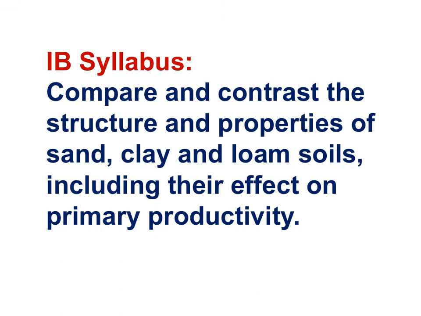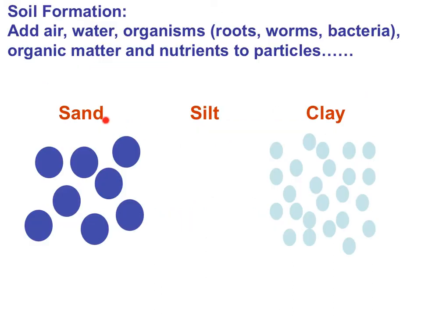So let's take a closer look at sand, silt, and clay as they contribute to soils, and then we'll define loam as the soil type best suited to support primary productivity. Here's the IB syllabus statement. Compare and contrast the structure and properties of sand, clay, and loam soils, including their effect on primary productivity. Remember, sand's particles are larger than those of clay, and the spaces between the particles are also larger in sand than they are in clay.